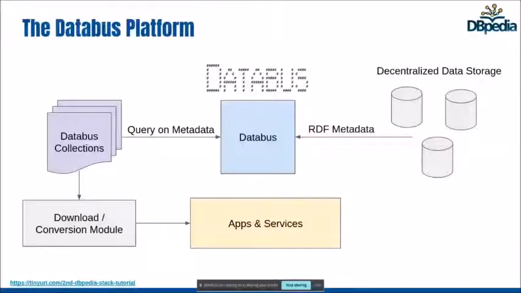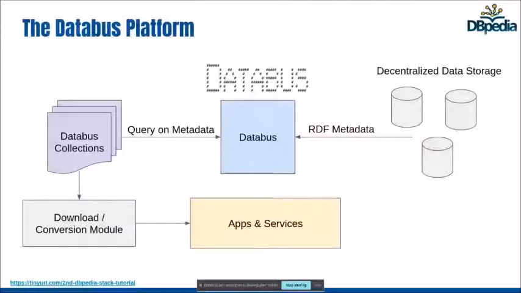So the actual file hosting is decentralized on our machines or your own machines, and only the metadata describing the data, how big it is, so the language, the compression or the format, all that is saved to the databus.